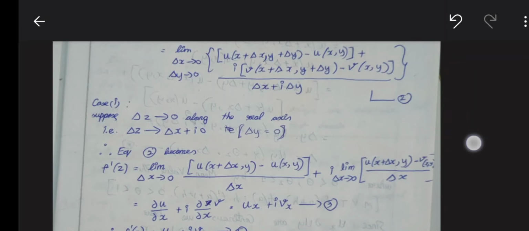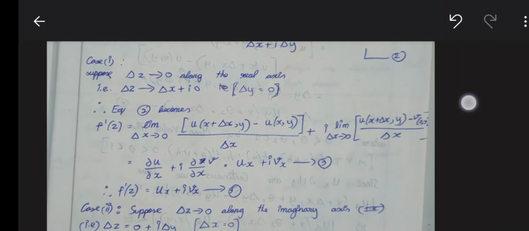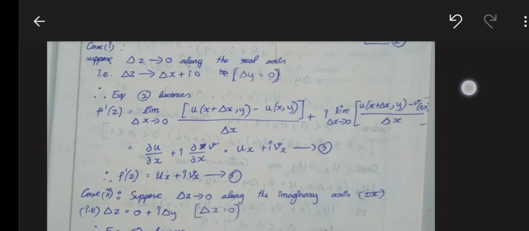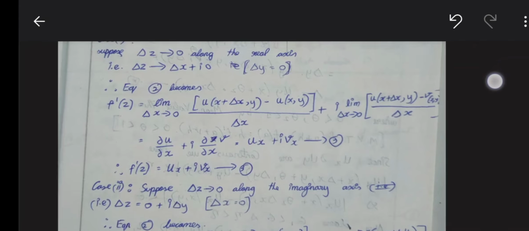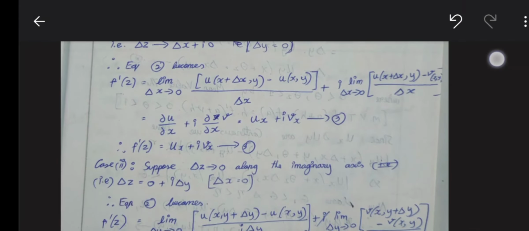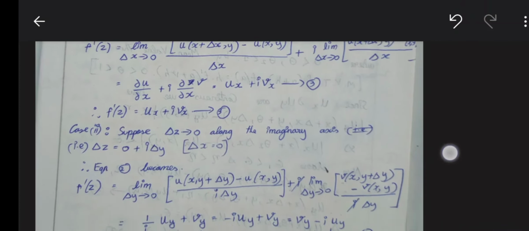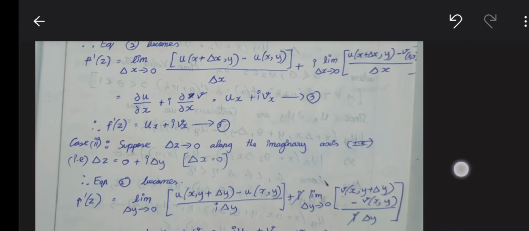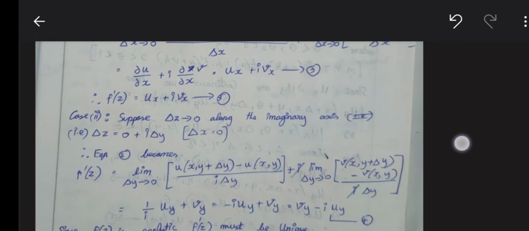All the delta y terms become 0, and after simplifying we get ux plus i vx, which we take as the third equation. Then the same process for delta z tends to 0 along the imaginary axis.